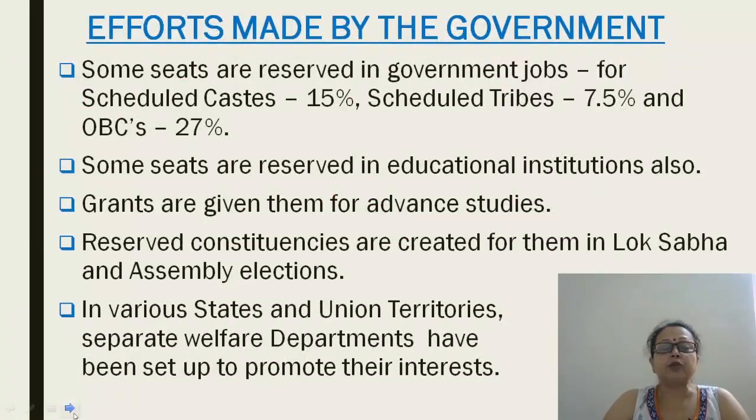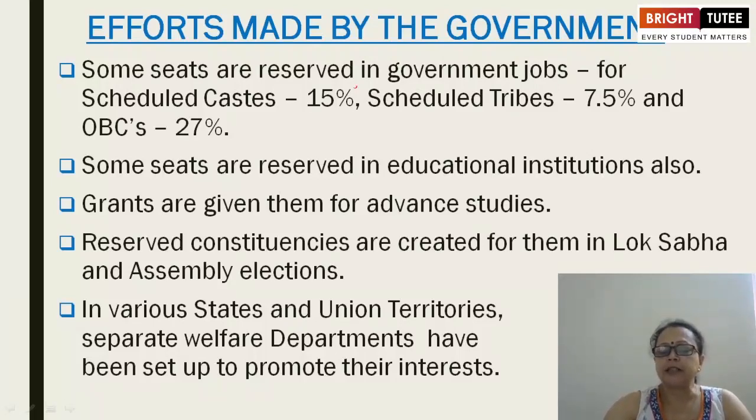So these are the constitutional provisions. What we have discussed are the efforts made in the Constitution for their welfare. Now the efforts made by the government: what the government is doing for their welfare. Some seats are reserved in government jobs, 15% for scheduled castes, 7.5% for tribes, and 27% for OBCs.